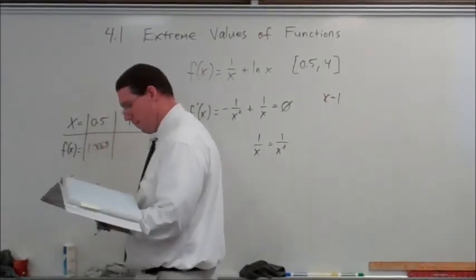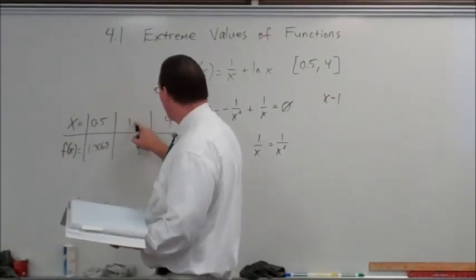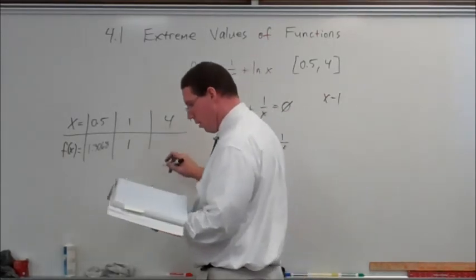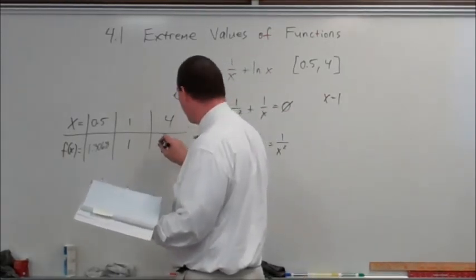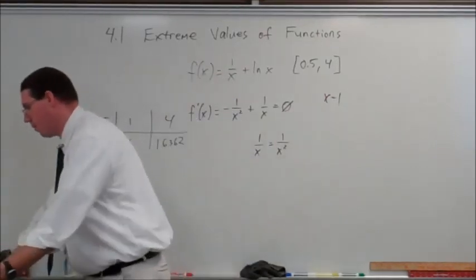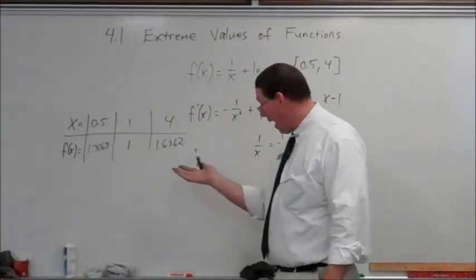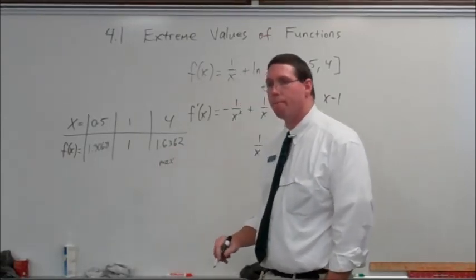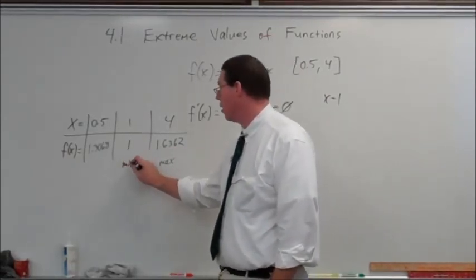I had to use a calculator. When you plug 1 in, you'll get 1. And when you plug 4 in, you'll get 1.6362. This is question number 11 in the textbook. Now, the absolute maximum is at 4, and where's the absolute minimum? At 1, and you are done.